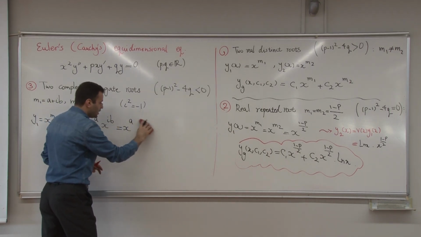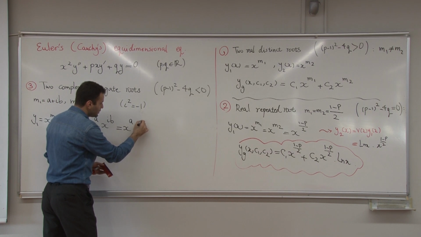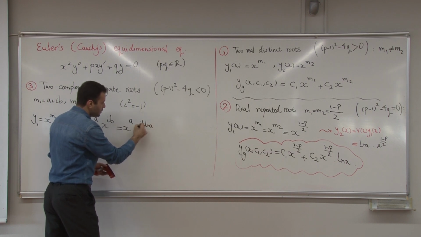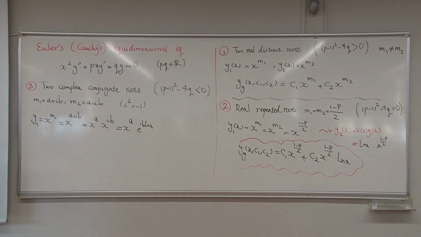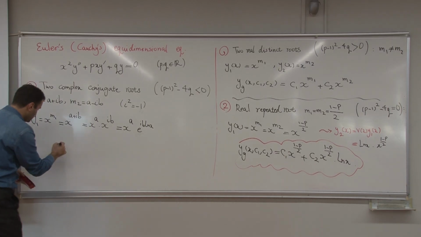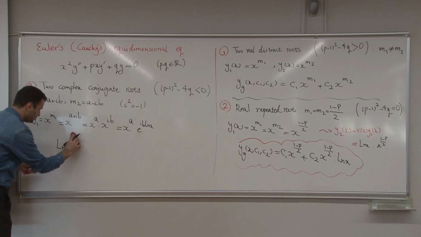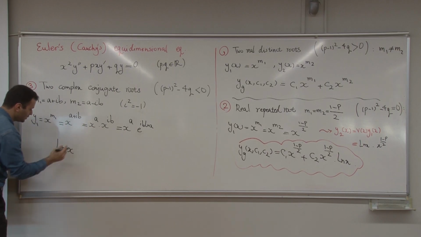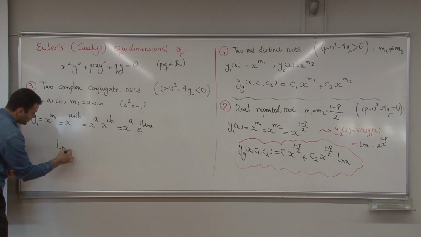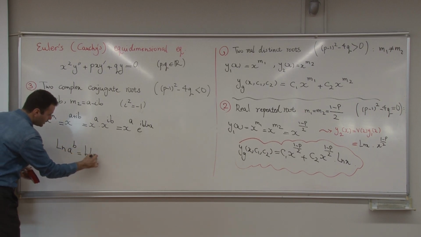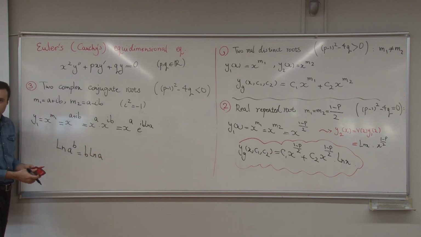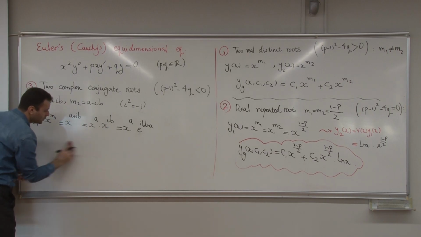And this ib, I can write it as a coefficient for ln of x, right? Because we know ln of a to the power of b is b times ln of a, if you remember this. Exactly the same thing that you're doing.